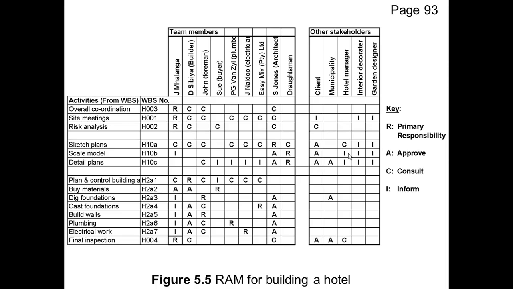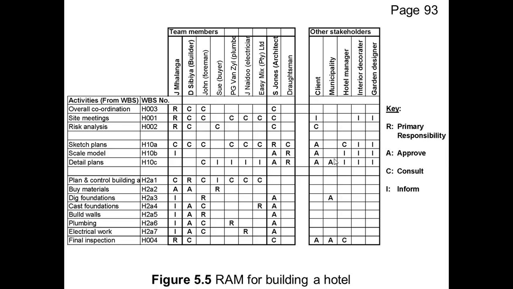And in terms of building a hotel, the municipality also gets involved in the approval, because the municipality has to give final approval that you can actually go ahead and start building. So this is a very good example of where you can see that approval is necessary by more than one stakeholder on a project.